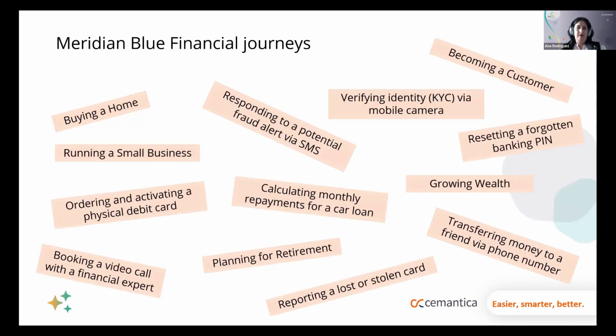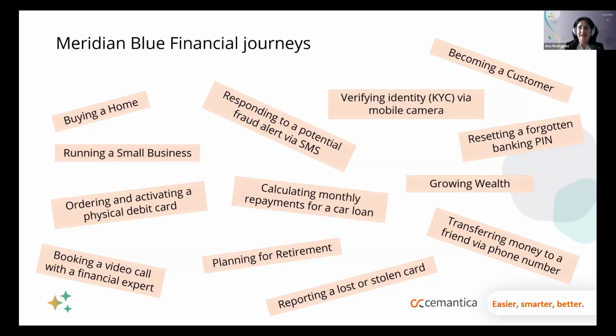And then you have many other journeys. For example, if you want to reset the banking PIN, if you want to order and activate your debit card, or if you lost your credit card. As you can see, there are many journeys for many customer types in different areas of the banking. How can we put order in all these potential journeys and know where we should focus? This is why we have the Journey Atlas or Journey Portfolio.